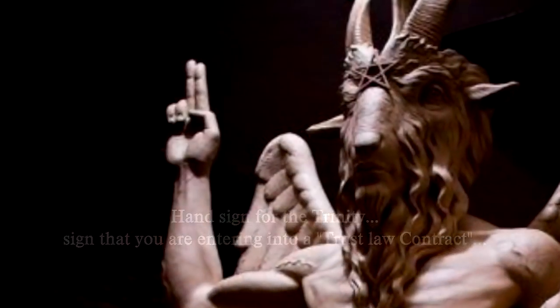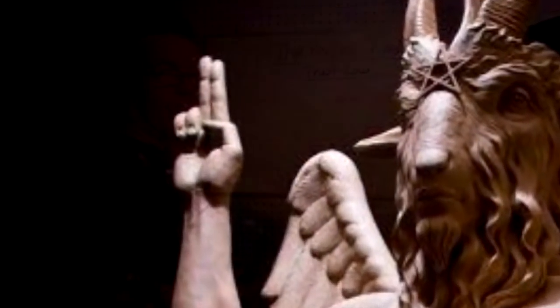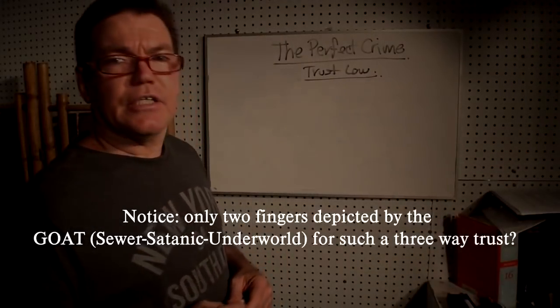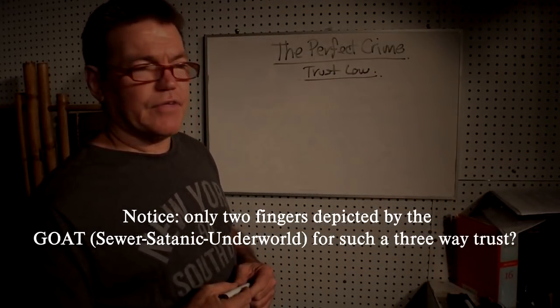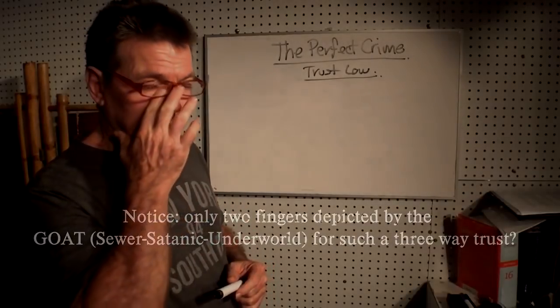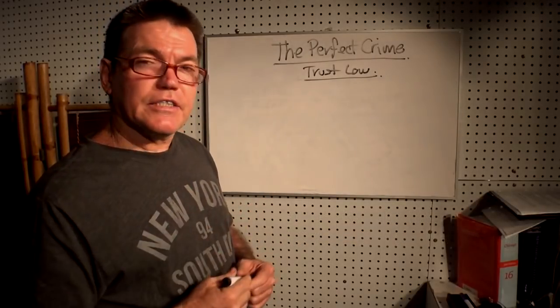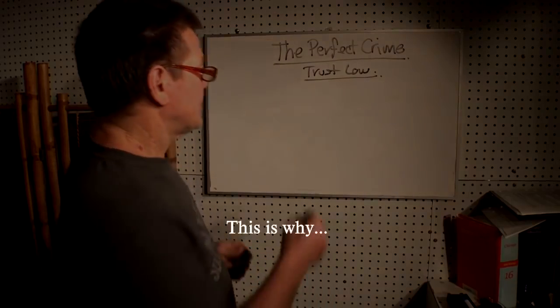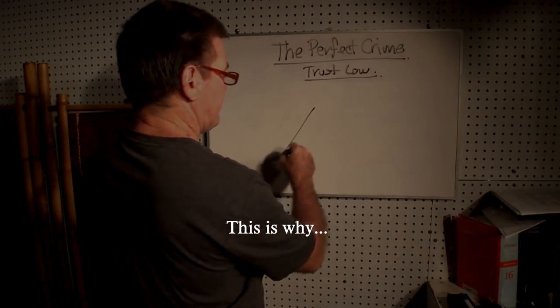But what the Corpus Juris did, and what Justinian and Accursius and the Vatican have done, and the judiciary, they've devised a quasi-trust. It looks much the same.